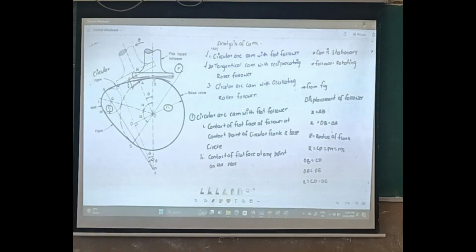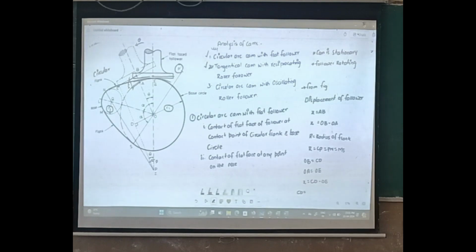Okay, again from the diagram we can write that CD is PC minus DP.